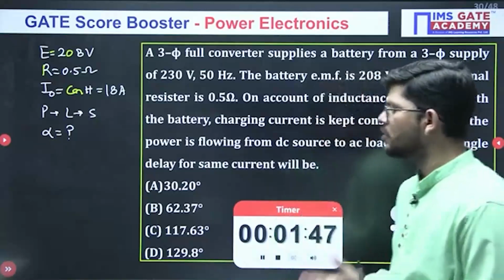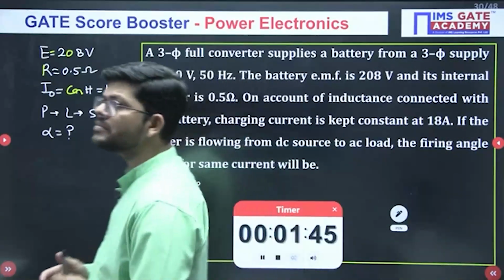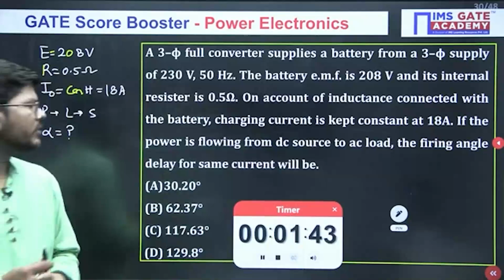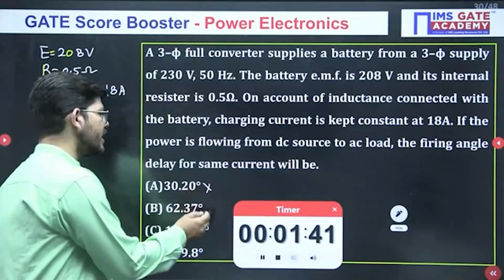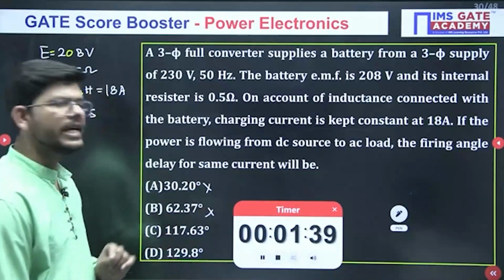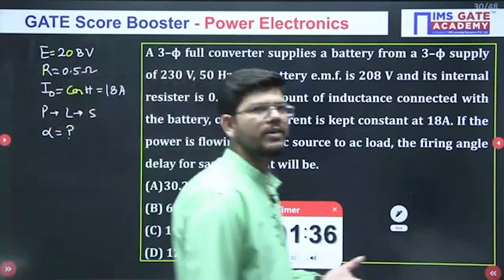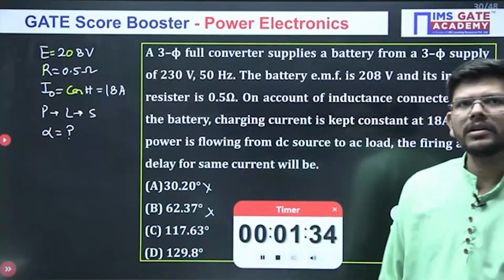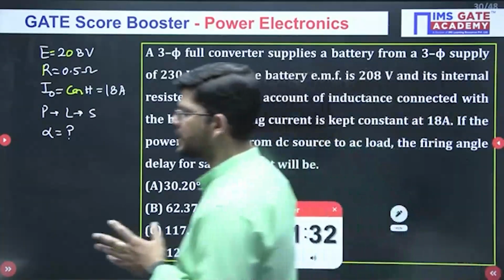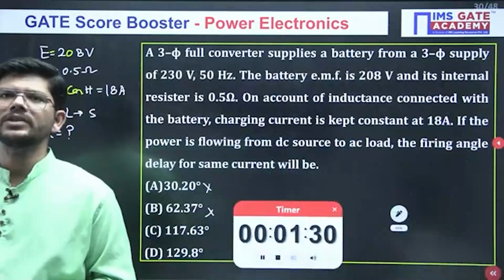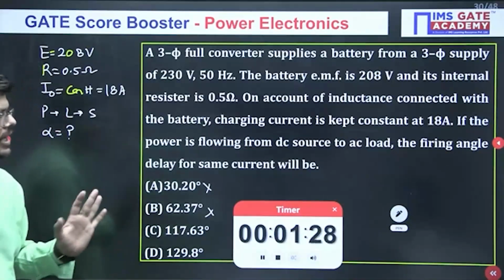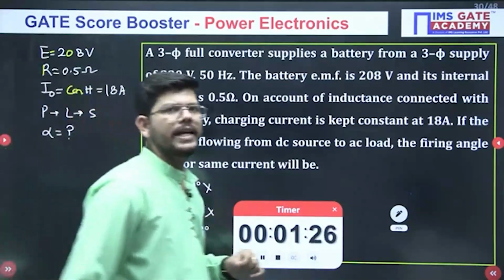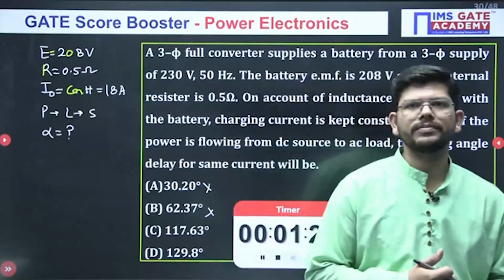Of course, the value of alpha should come greater than 90, so these can't be the correct answer. Only C and D are the options from which you have to choose one. Conceptually, this is what we discussed in the last question, and we have to apply the same thing here. So try and get an answer for this question.